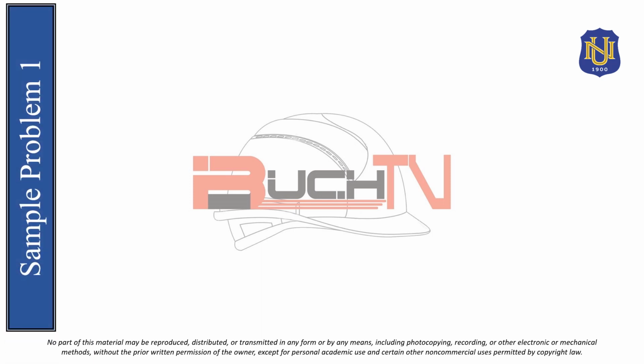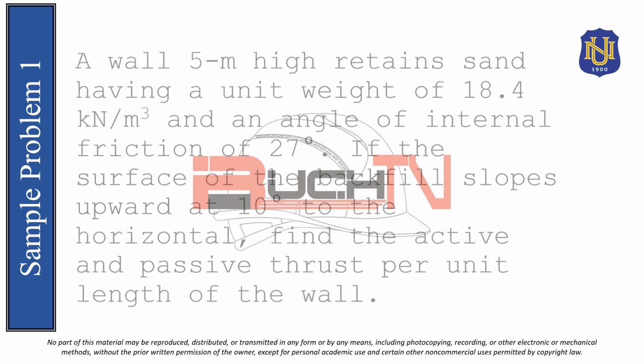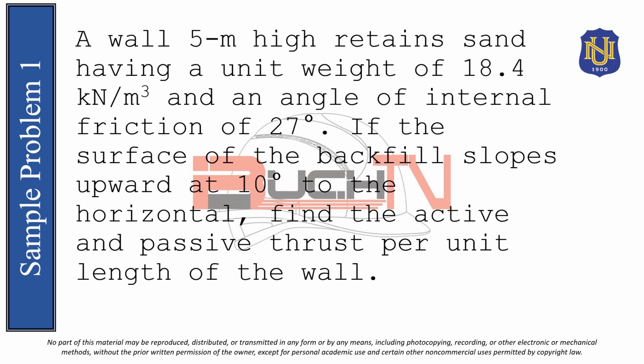So now, we can proceed to sample problem number 1. For sample problem number 1, a wall 5 meter high retains sand having a unit weight of 18.4 kN per cubic meter and an angle of internal friction of 27 degrees.